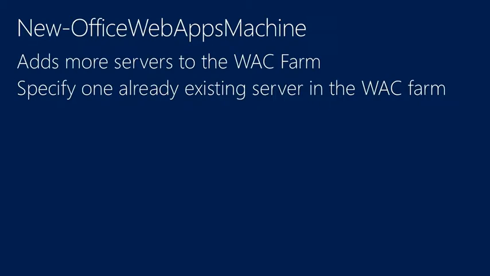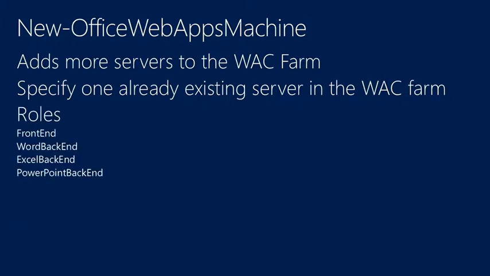When you do this, you can actually specify 4 different roles for each machine. It will be front-end, Word backend, Excel backend, and PowerPoint backend. This is really good. You can dedicate a server for rendering PowerPoint, Word, and Excel files. But this is only required or used if you have more than 25 servers in your Office Web Apps farm. And I guess no one except Microsoft and Office 365 will have that situation, or really large hosters.